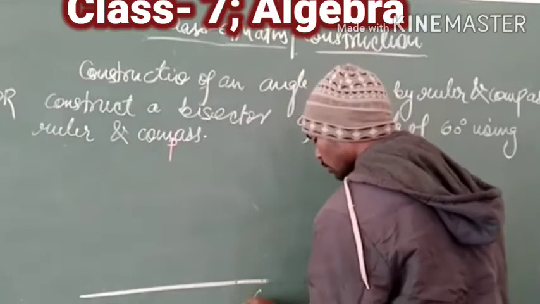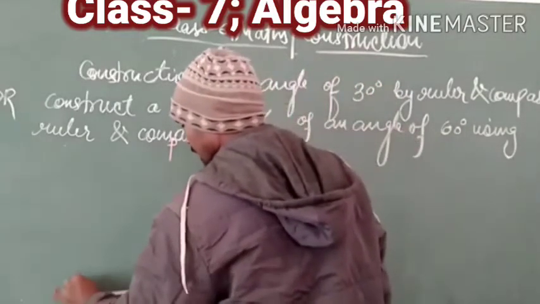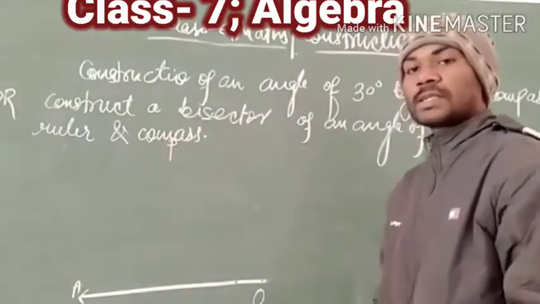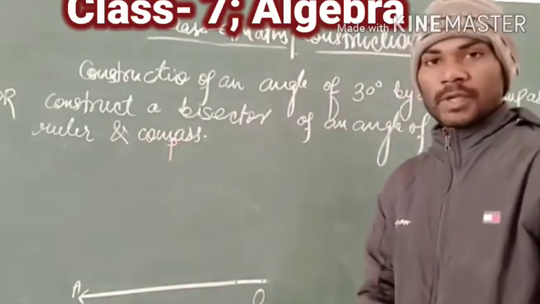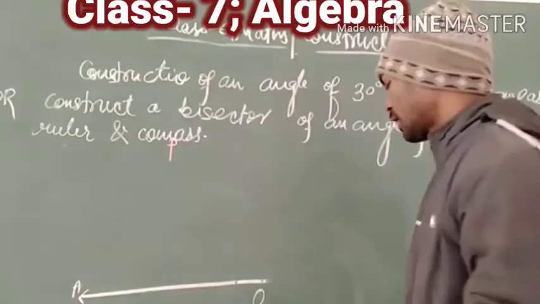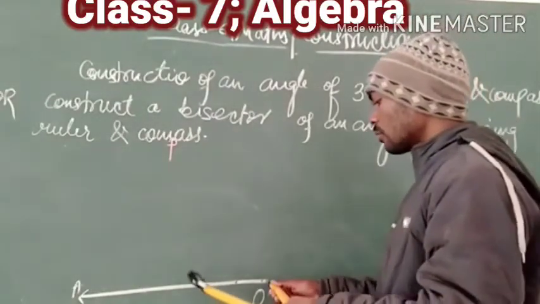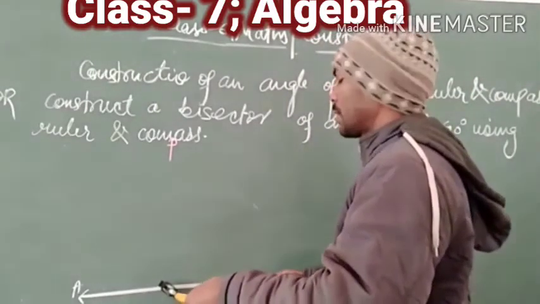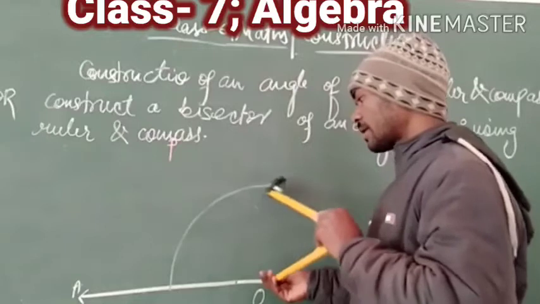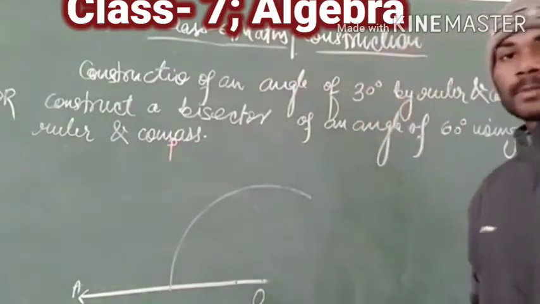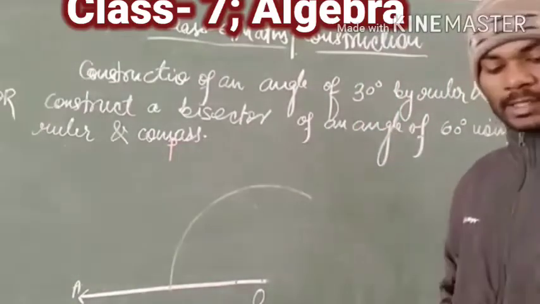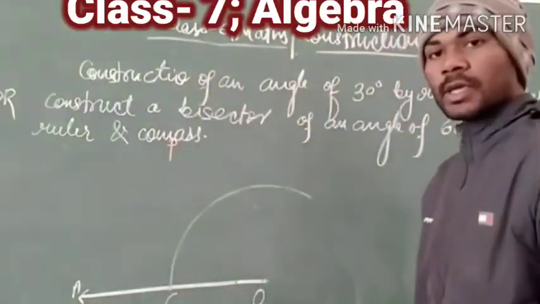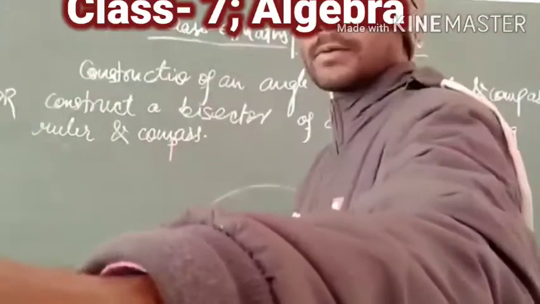So take a ray OA, okay, and with O as a center and any convenient radius, draw an arc which cuts the ray OA at the point C like this. Give the name C to the point where it cuts OA.